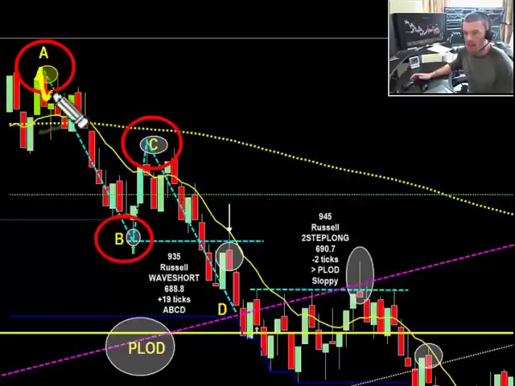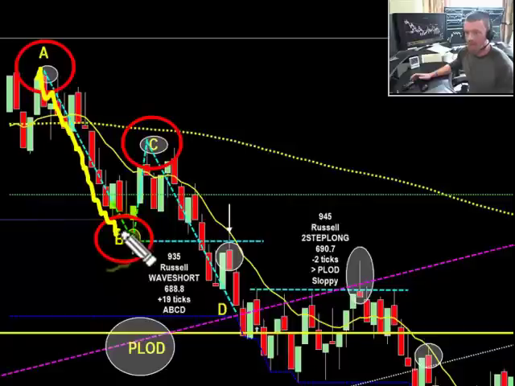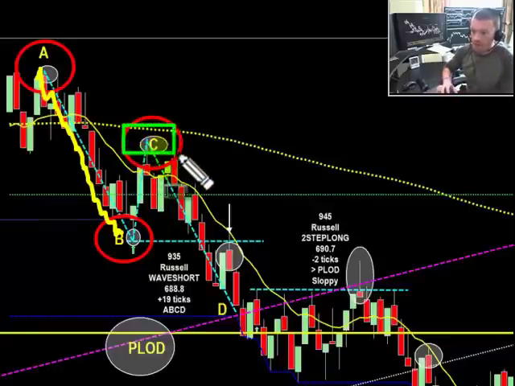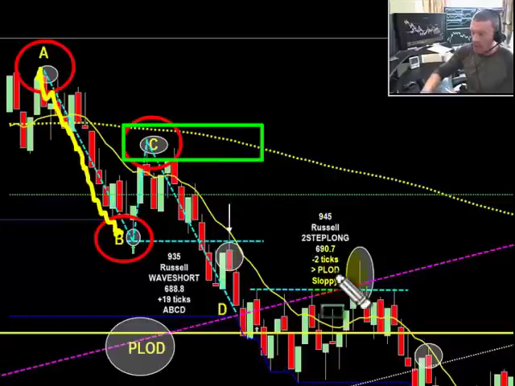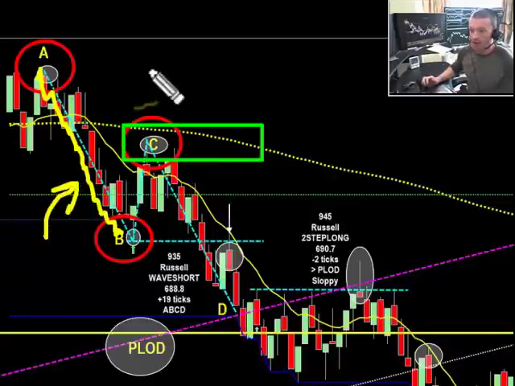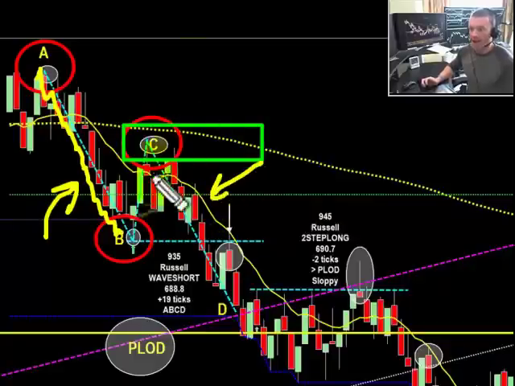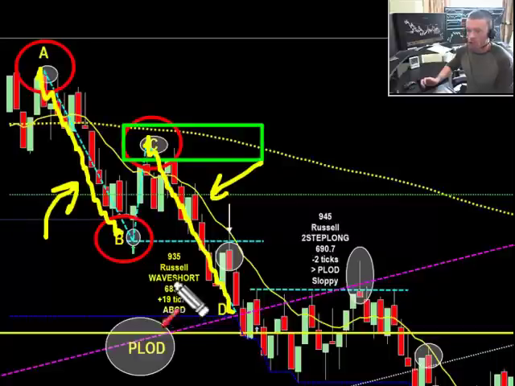Well, I'm going to measure my distance from A to B. Then I'm looking for the retracement into C. The retracement gives me a zone. Now, without being too complicated here, as long as my C is in that zone, I'm then going to copy that same line I used right here and paste it right there. So now I find out that my D level should be right about there.